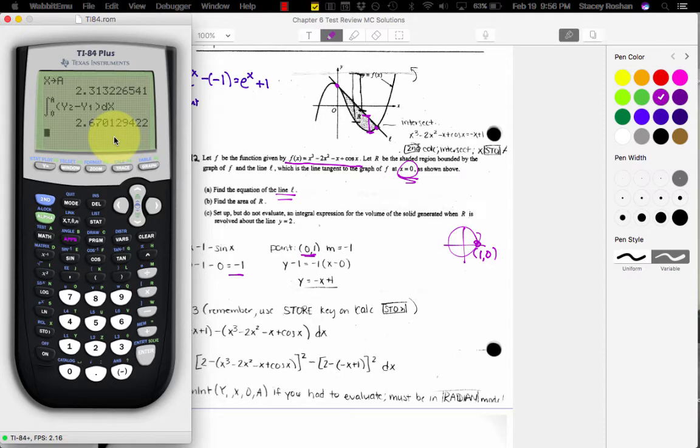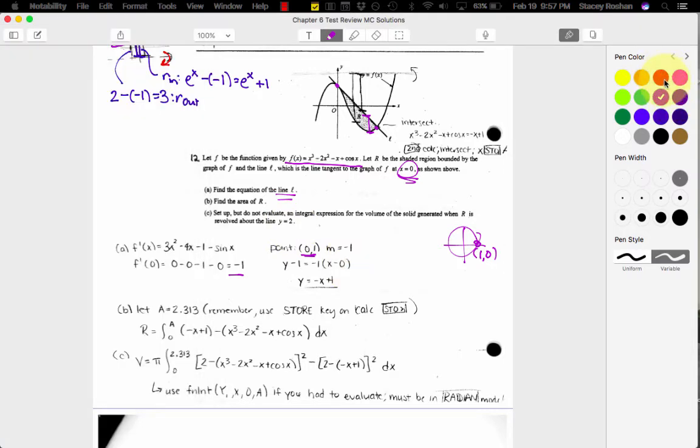That is my answer. So the next problem says, set up but do not evaluate an integral expression for the volume when we revolve it around y equals 2. Okay, so let me go back to my drawing before I do anything wrong. I always draw. So y equals 2, and I'm revolving here.